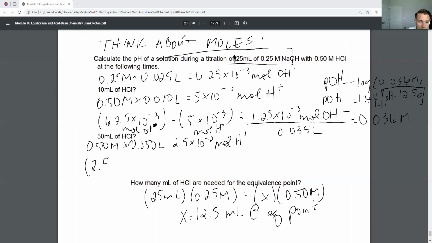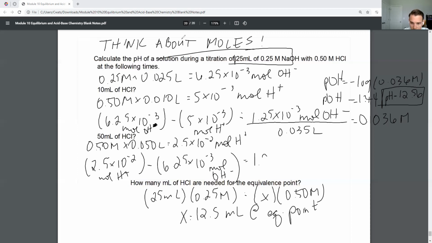So I'm going to take the difference between the two, with 6.25 times 10 to the negative third moles of the OH minus. So that's how many moles I have. I'm going to now divide it by the total volume, 75 milliliters, which gives me 0.25 molar, and therefore my pH would give me 0.60.